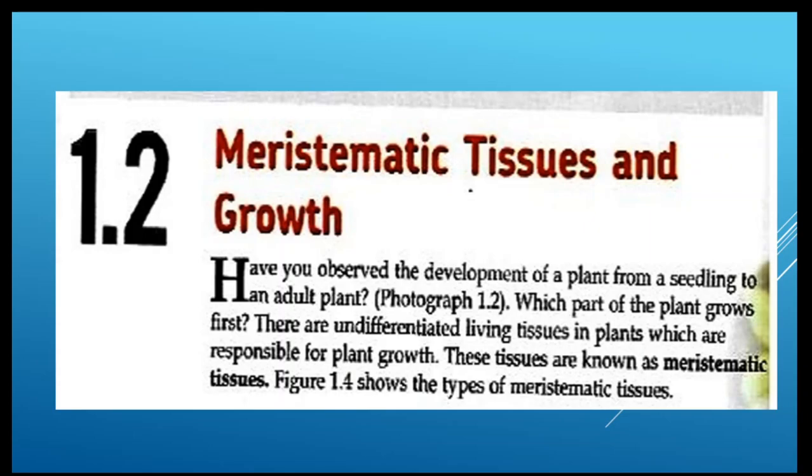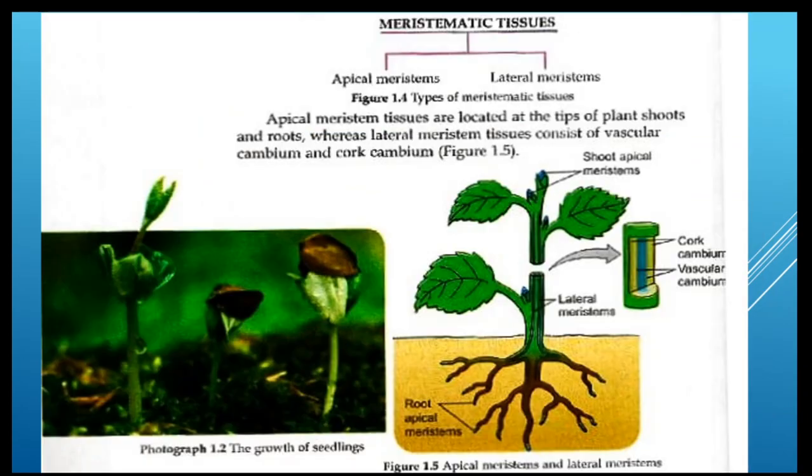Okay, second one, meristematic tissues and growth. Okay, that was permanent tissue, so this is meristematic tissues. So meristematic tissues are divided into apical meristem tissue and lateral meristematic tissue.